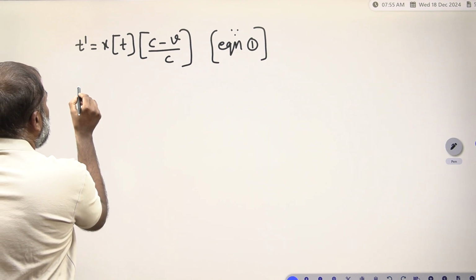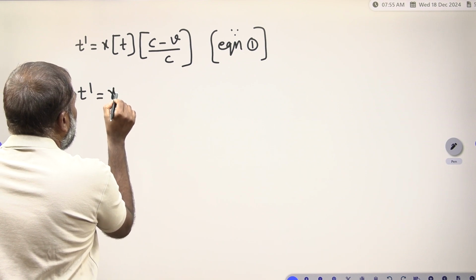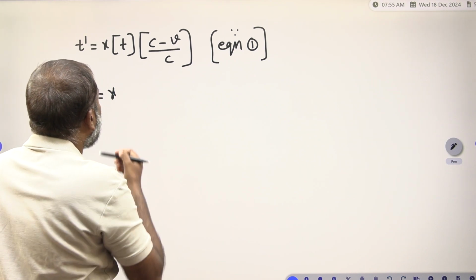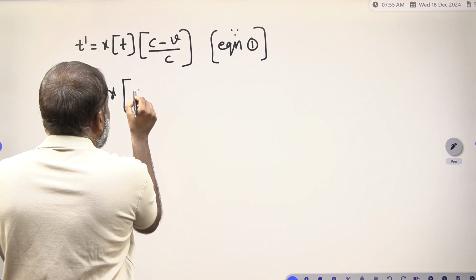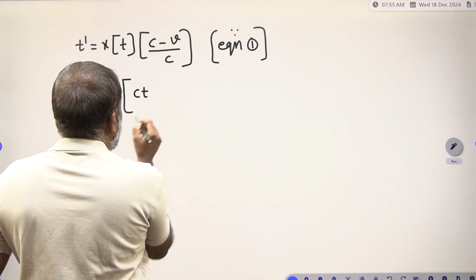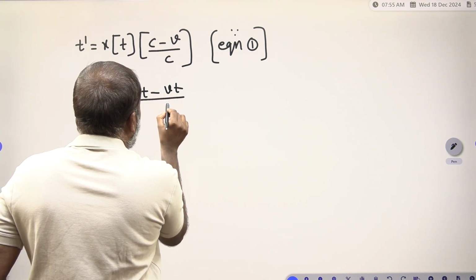But we substituted gamma here: t dash is equal to gamma into, bringing t inside, c into t minus v into t, divided by c.